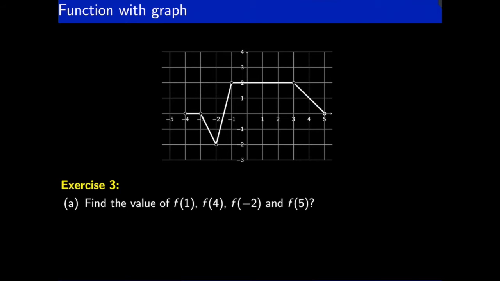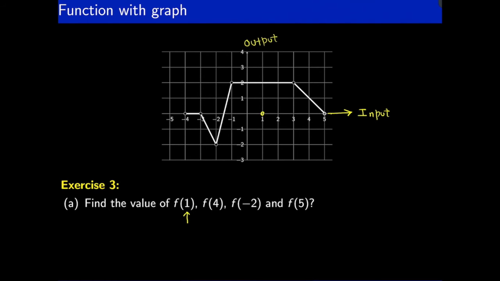Next, we will learn how to evaluate the function when you are given the graph of a function. When you are given the graph of the function, it is really common that the x-axis is your input and the y-axis is your output variable. First, we want to calculate the output at the input 1.